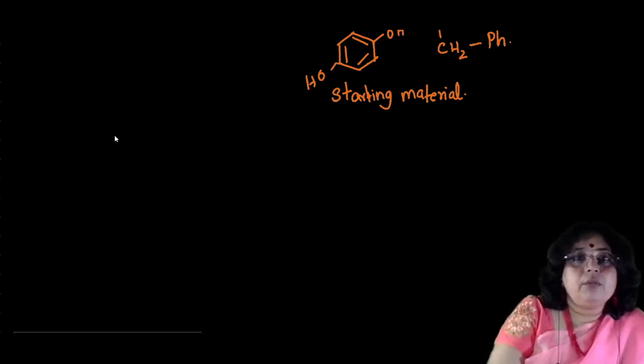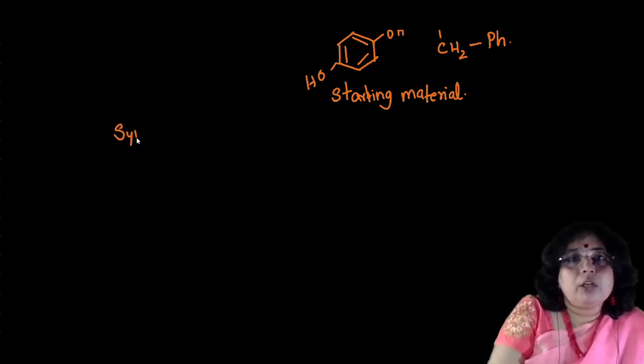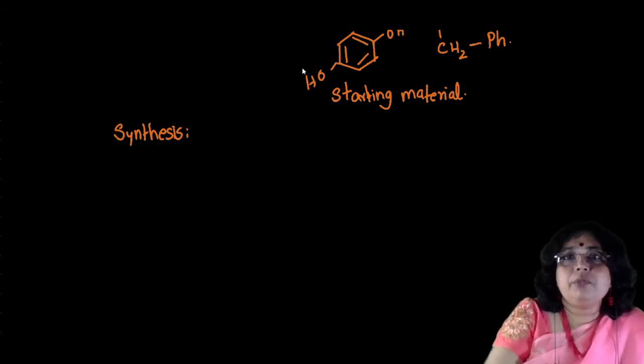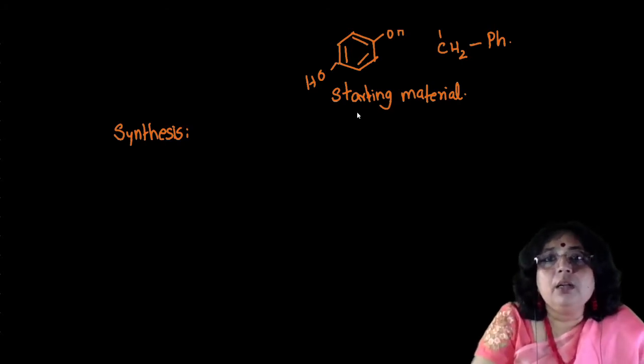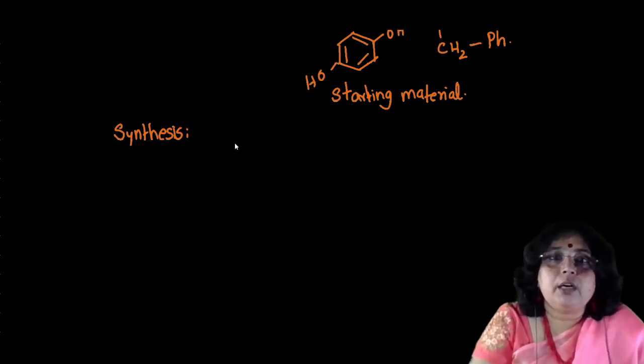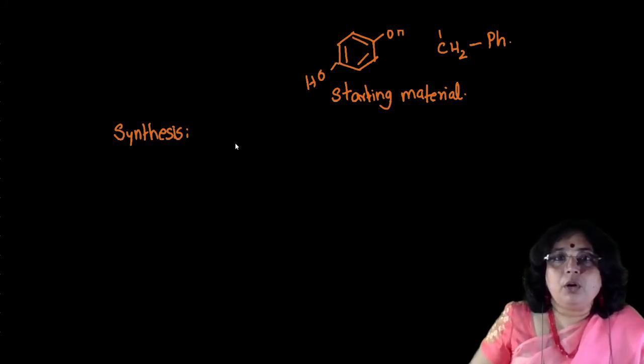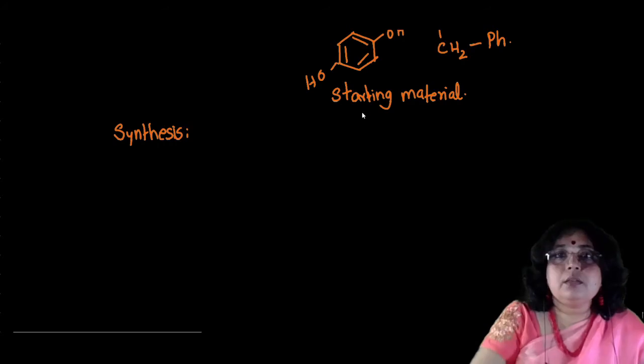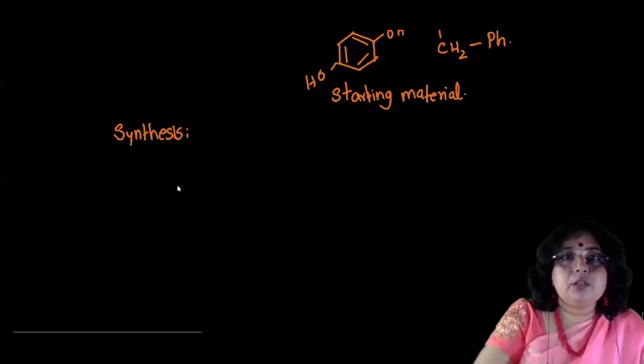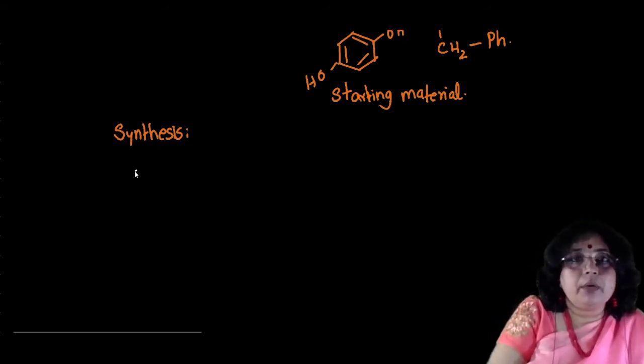Now let us carry out the synthesis part. We have to select the starting material, and then we can start the synthesis of the molecule. Starting material first. So I can take the starting material as it is.